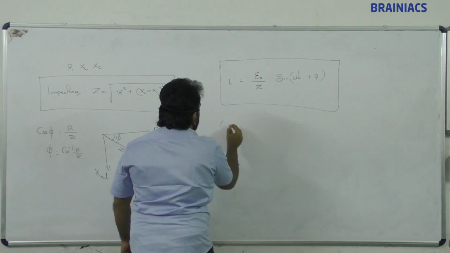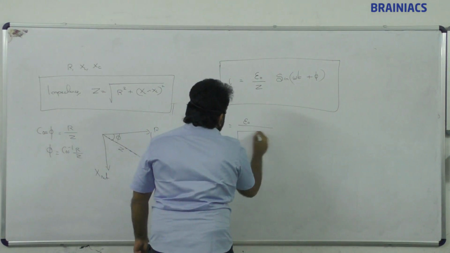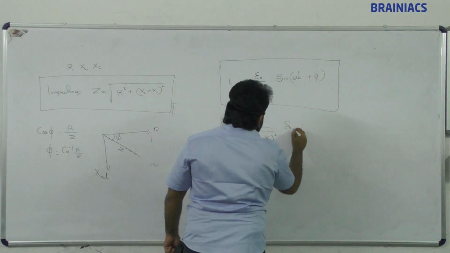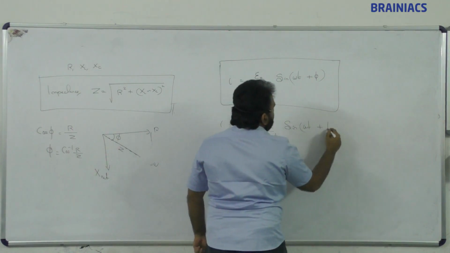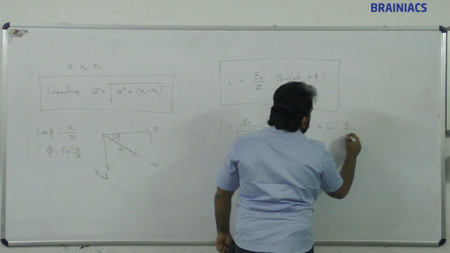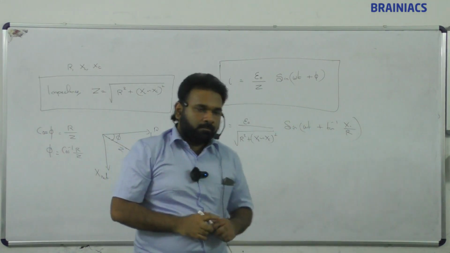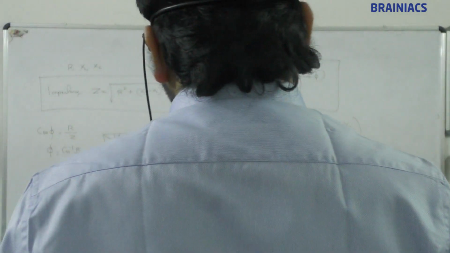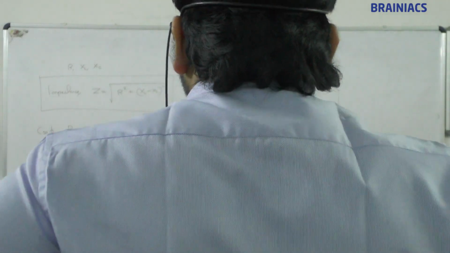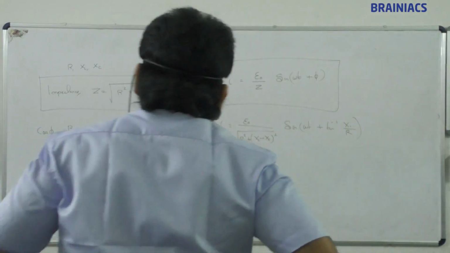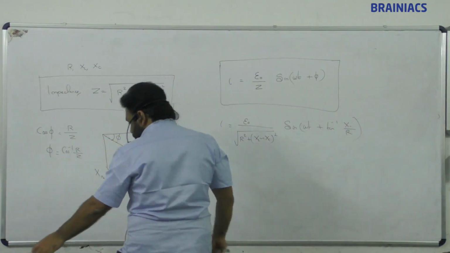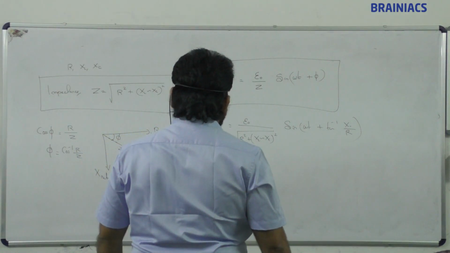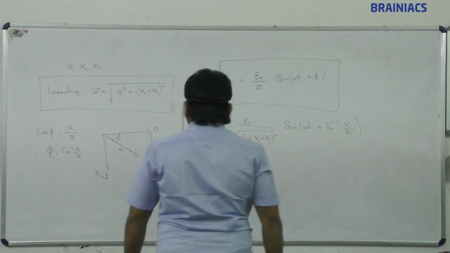So based on this, we can write: E naught by root of R square plus XL minus XC the whole square, sin omega t plus tan inverse of X divided by R. Done.